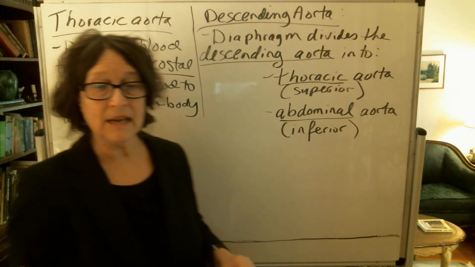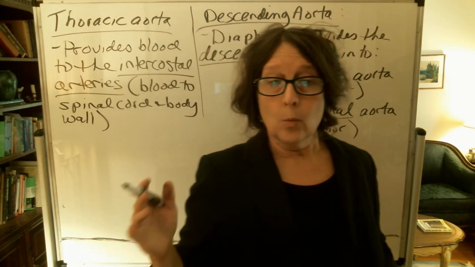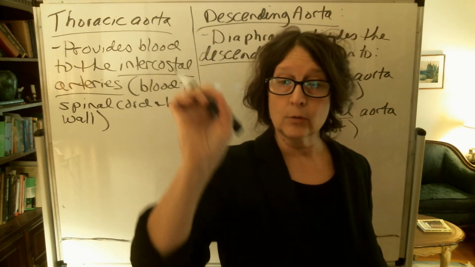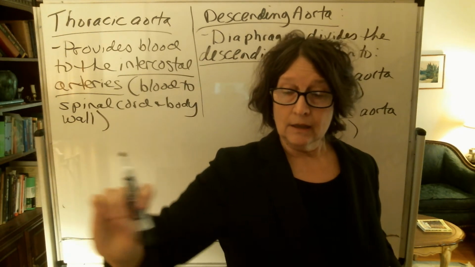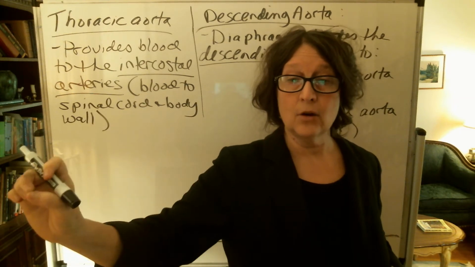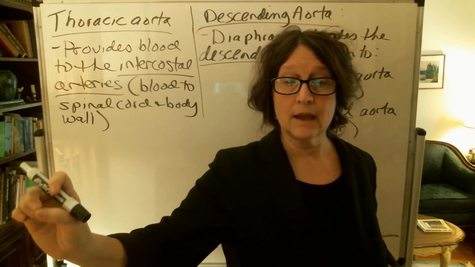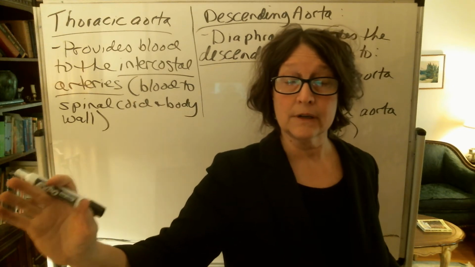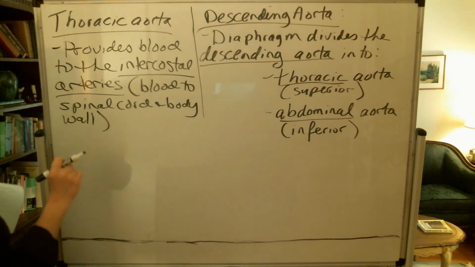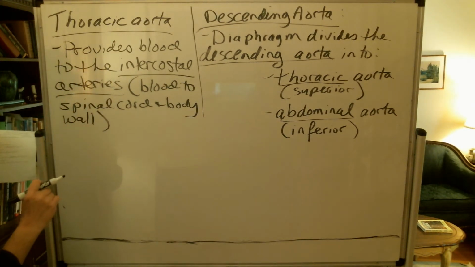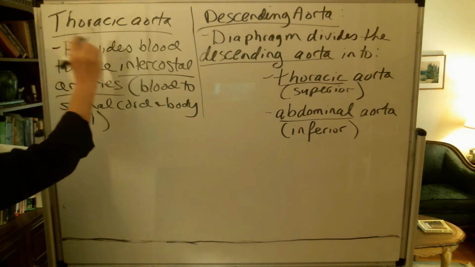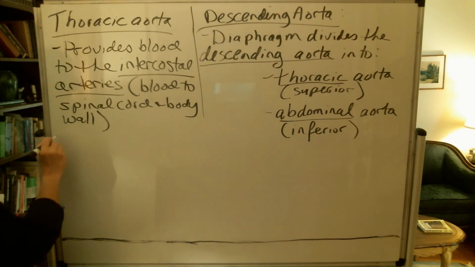And this begins the story of the descending aorta, where you are going to have lots and lots of arteries that divide off of the descending aorta and bring blood to various different places in the body. So here we have the descending aorta, and we have the intercostal arteries being supplied by the descending thoracic aorta.